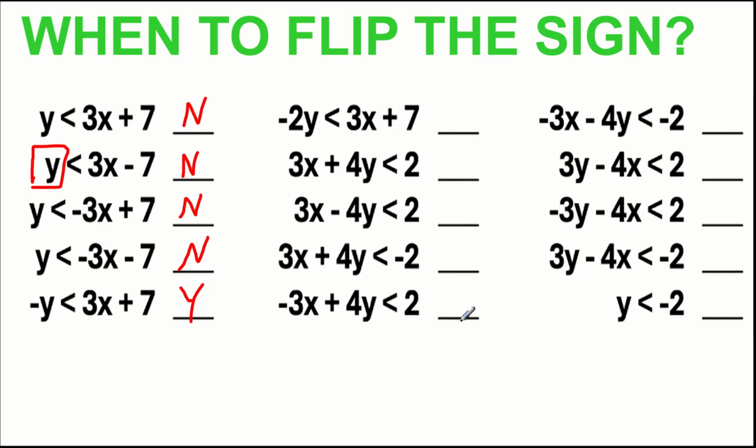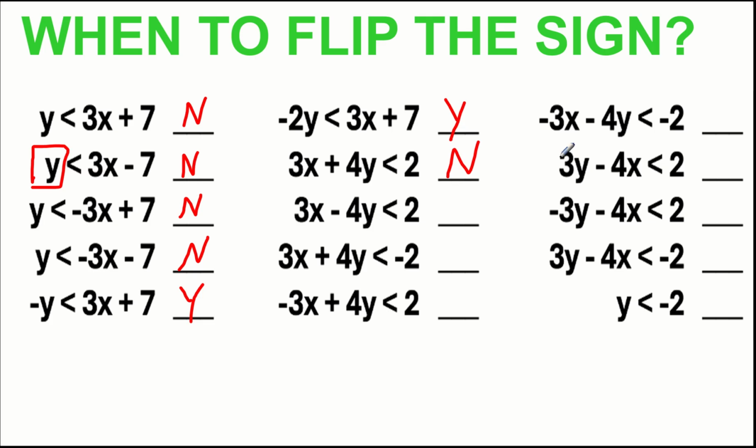All right, middle column there. Olivia, top one. Why yes? Yeah, so that one's going to be a yes. Second one, Levi. Why not? Yeah, there's no negative on the y, so that one's a no. Next one, Chassis.